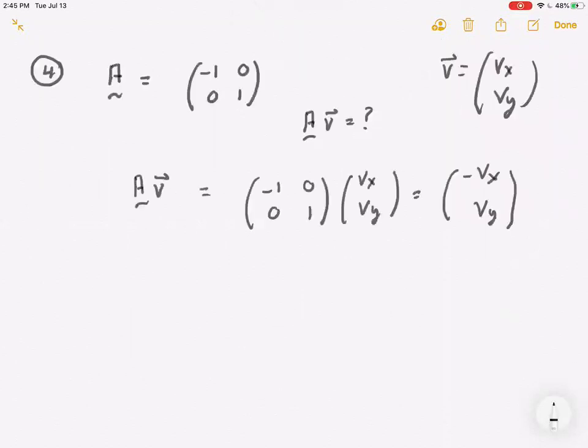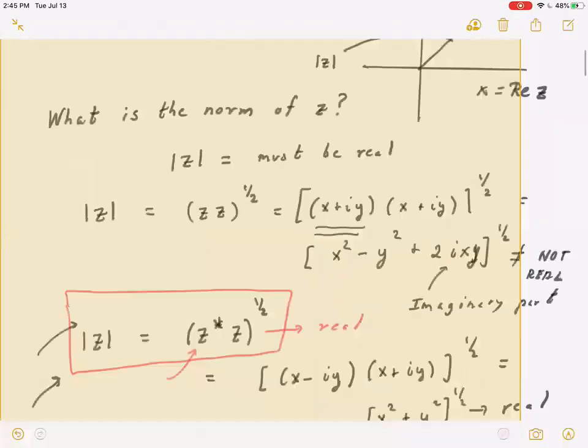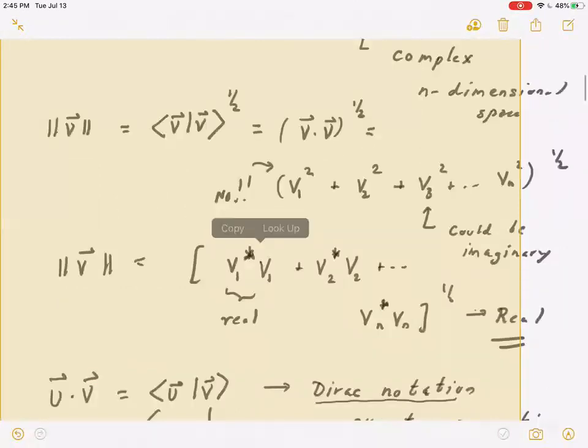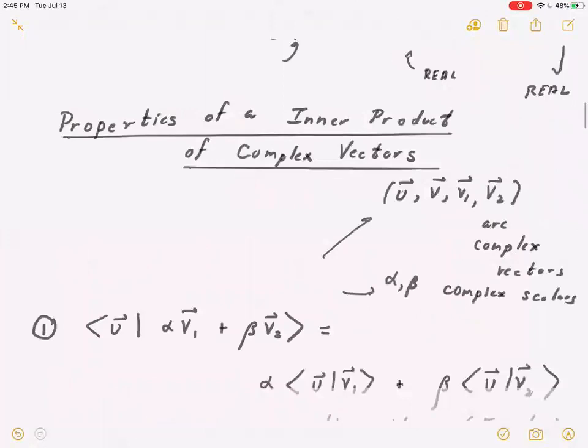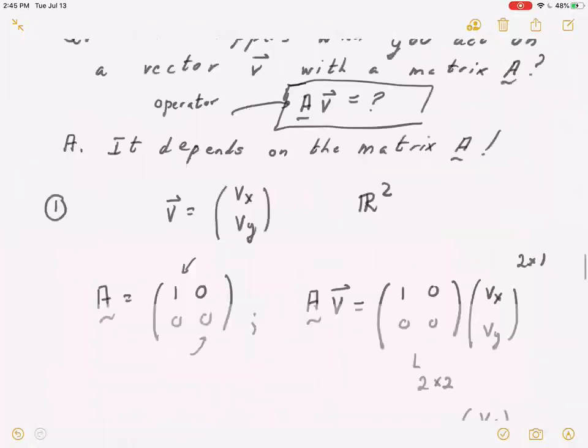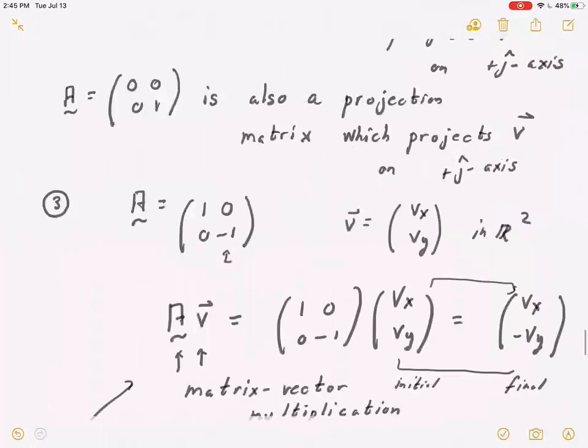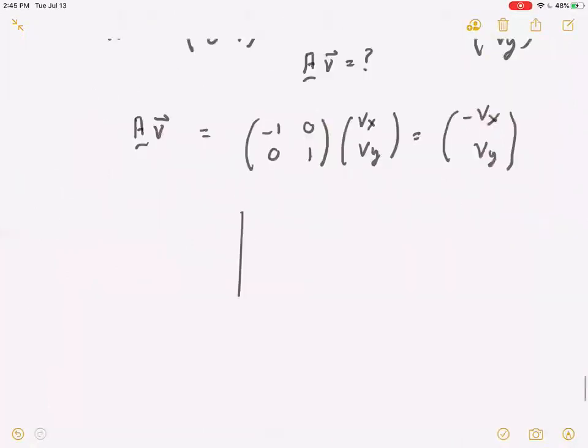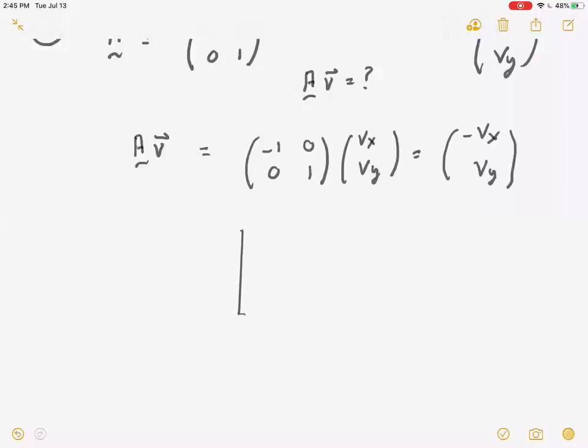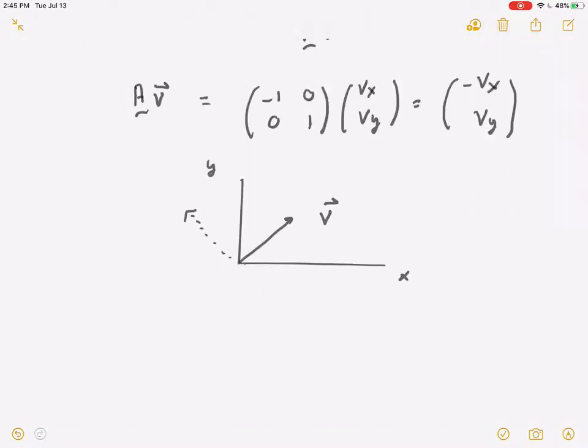And if you think about this and contrast it with the previous example, what's going on here is that V gets reflected through the positive J hat axis.